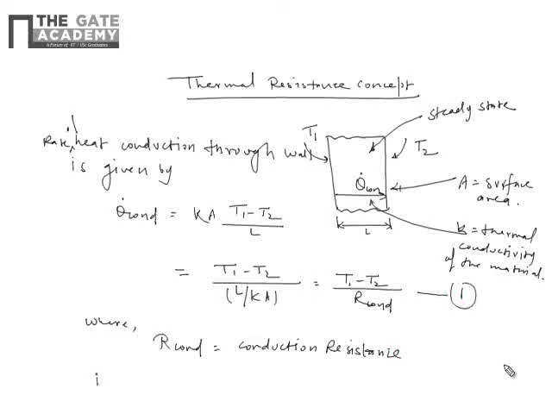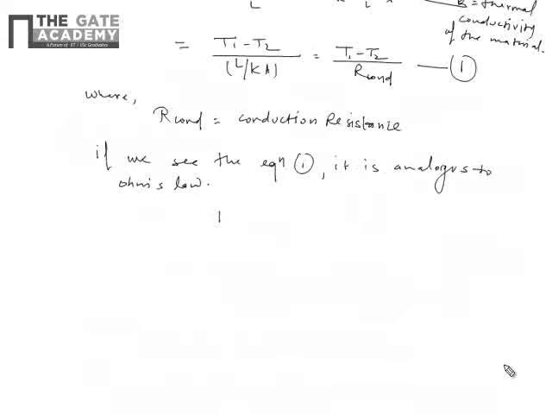If we see equation 1, it is analogous to Ohm's law, where the current I is the voltage drop over electrical resistance.